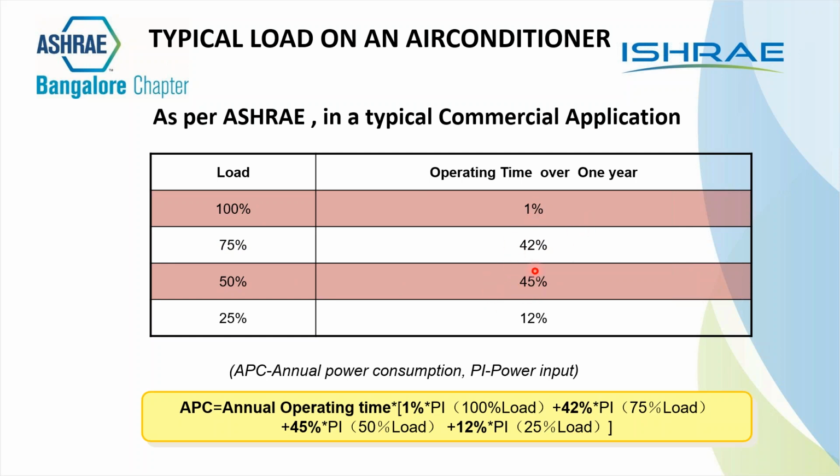Now what happens, let us say if you have a 10-ton air conditioning system, your requirement here is either 5 tons or 7.5 tons for 87% of the time. That means for about 8.5 hours during 10 hours, your requirement is between 50 to 75% load.